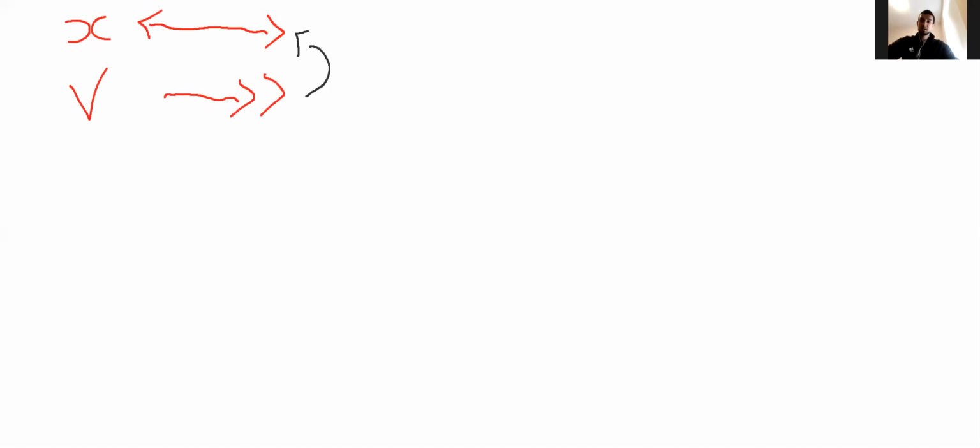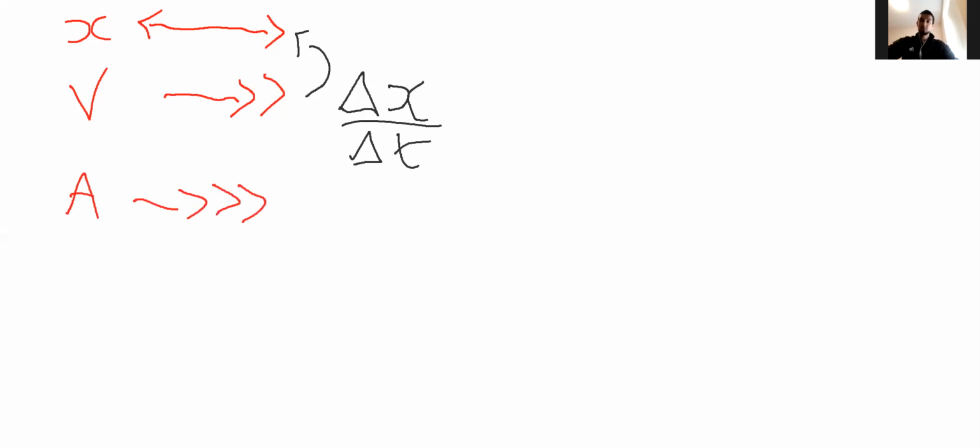So we can say small change in x over the change in time. And then we can talk about acceleration, which will be how fast this velocity is changing, which will be the change in velocity over change in time. Yeah? Or if it's in a physics definition, we'll say the rate of change of velocity.